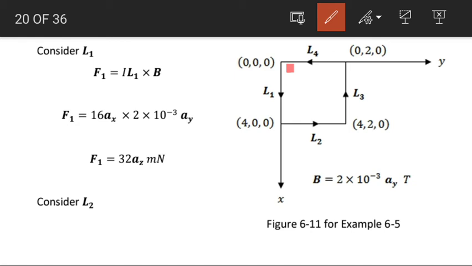We shall calculate the force on side L4, and we shall take the vector sum of all these 4 forces. The vector sum of all these 4 forces will give you the total force on the current carrying loop.